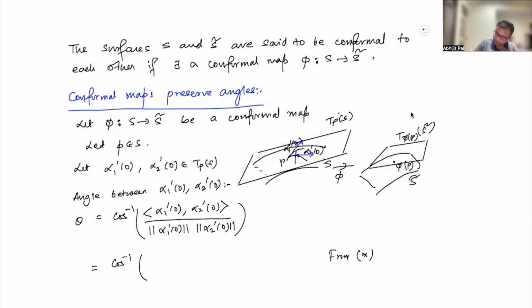This will be equal to the inner product of d phi at the point P of alpha 1 prime 0, comma d phi P alpha 2 prime 0, with the factor lambda from the definition.